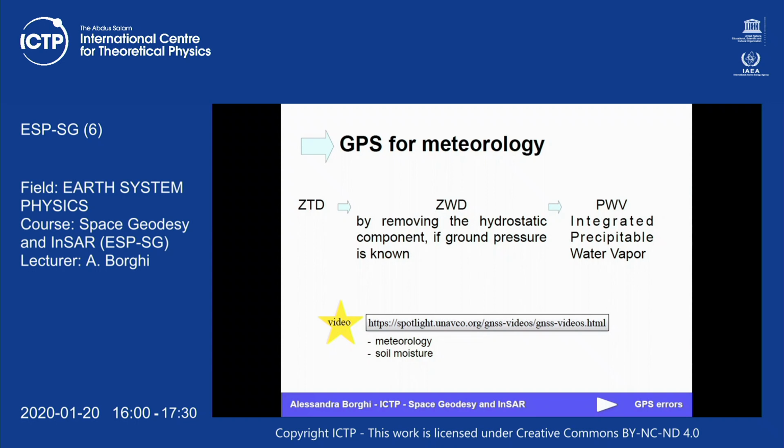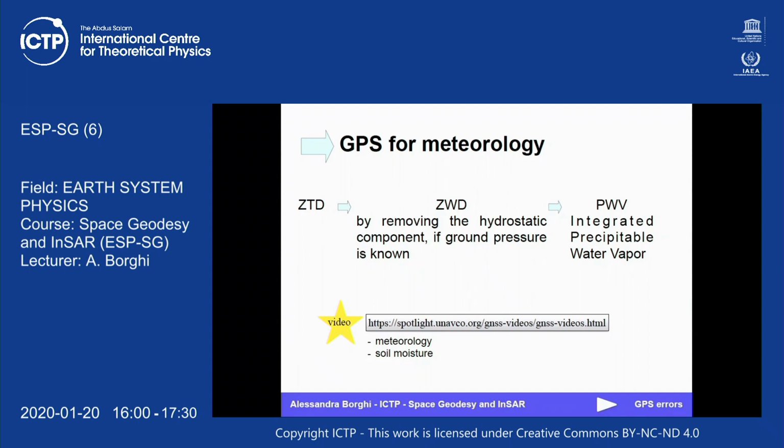For us this is a source of error, while for your colleague it is the observation used to take information about the total water delay. We can remove the hydrostatic component using a model, so you can estimate the wet delay, and from this quantity you can compute the integrated precipitable water vapor, a quantity that can be translated into rain, snow, and so on.